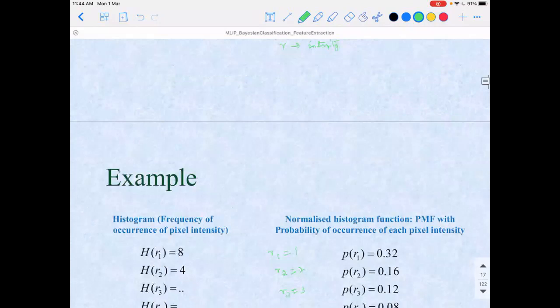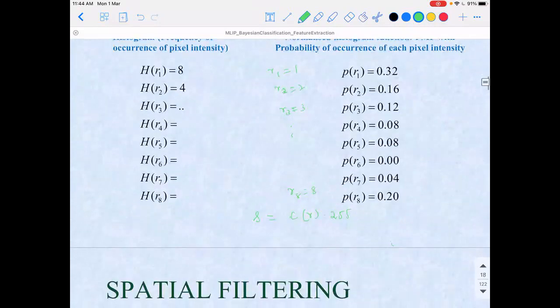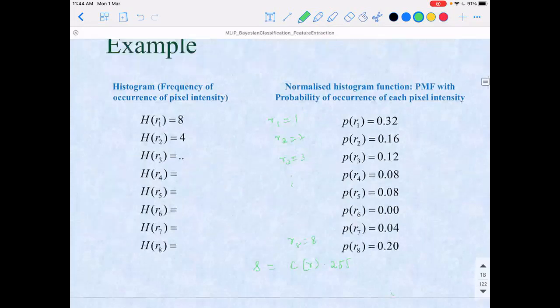How do we do it? Based on the cumulative histogram. The cumulative histogram tells me that there is a larger number of pixels at R equal to 1, a lesser number at R equal to 2, even smaller, and so on. Then there is a gap, and after the gap again a big number of pixels.